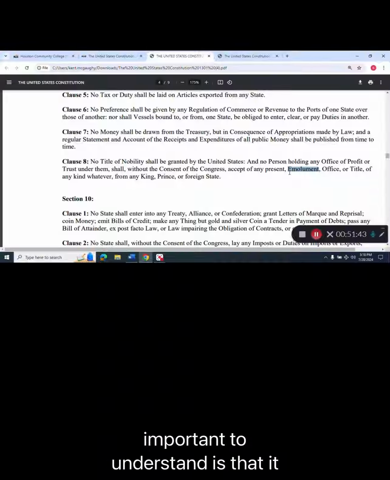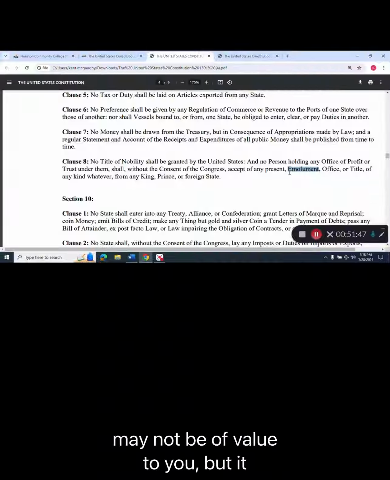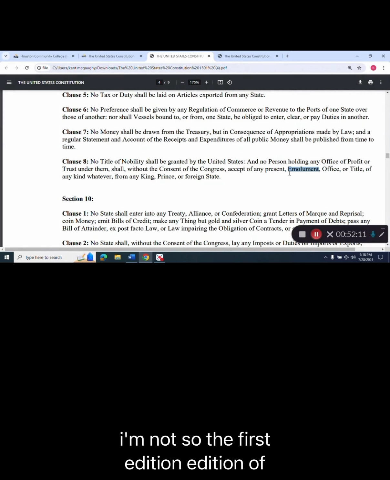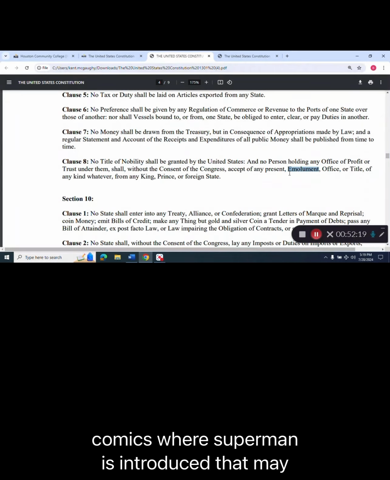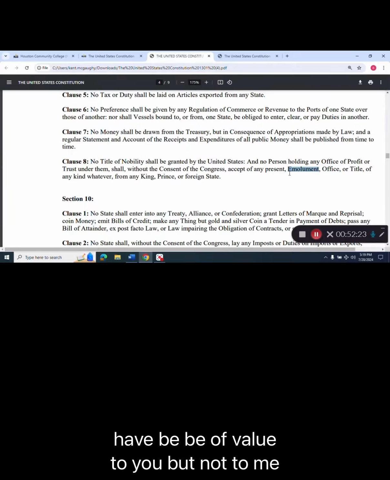And what makes the word emolument important to understand is that it may not be of value to you, but it may be something I find valuable. So you might be, for example, a collector of comic books. I'm not. The first issue of Action Comics, where Superman is introduced, may be of value to you, but not to me.